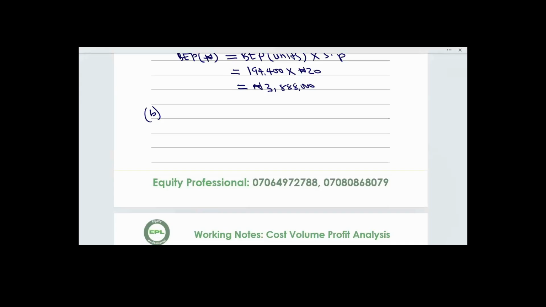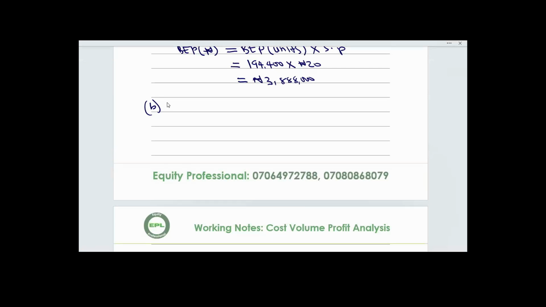So number B, calculating units required to earn profits before tax of 75,000. That's the heading.